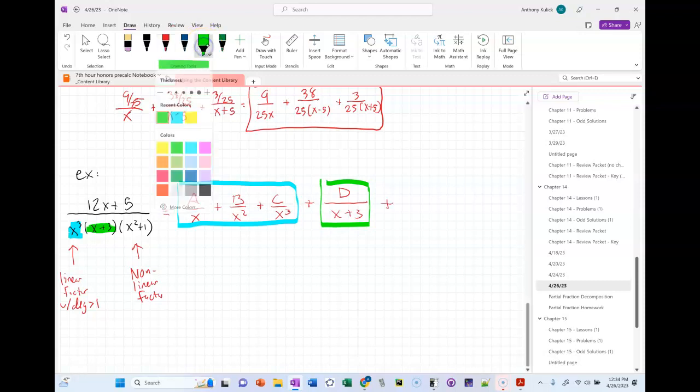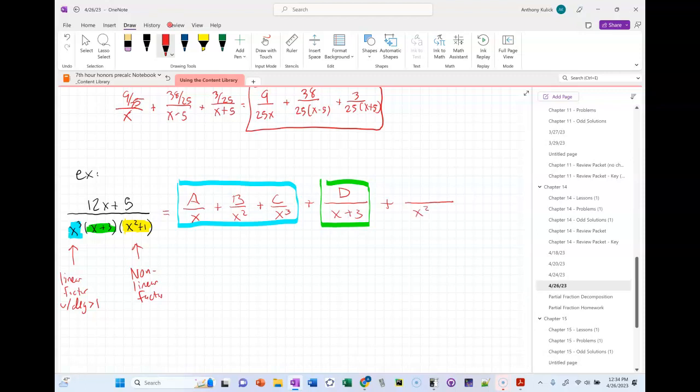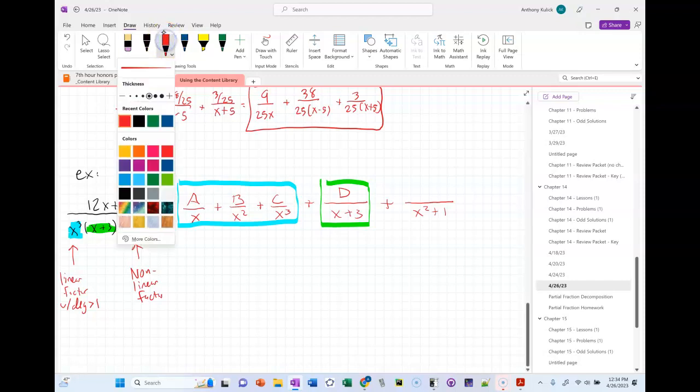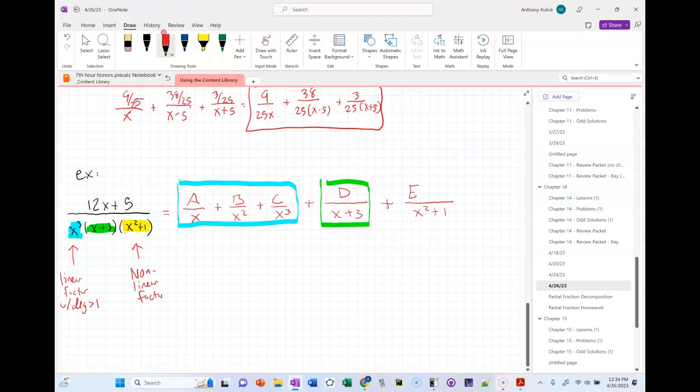And then the last one, here I have a nonlinear factor. So I'm going to get just one partial fraction from this, but the numerator of that partial fraction needs to be degree 1 or less. So the way we write that is Ex plus F. If E is 0, I have a degree 0 numerator.